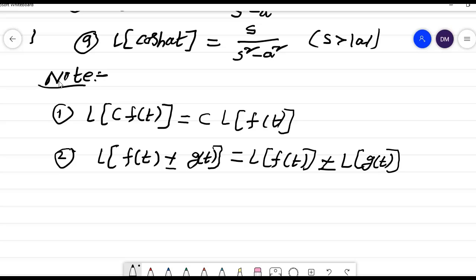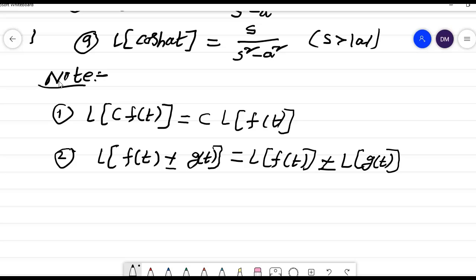Right, now what is that? Second property is if two functions are in the form of addition or subtraction, we can apply the Laplace transform to the individual functions. That is L of f of t plus or minus L of g of t.